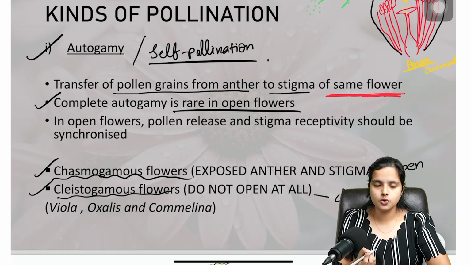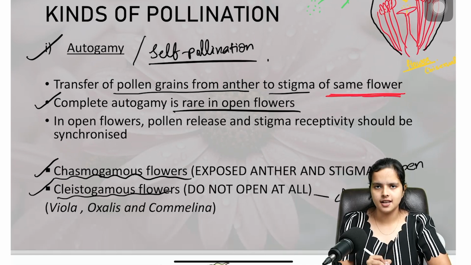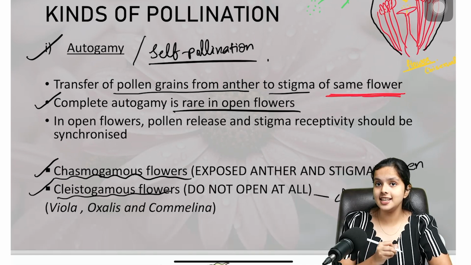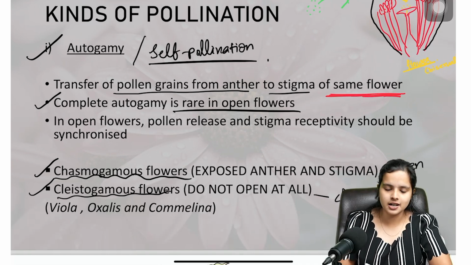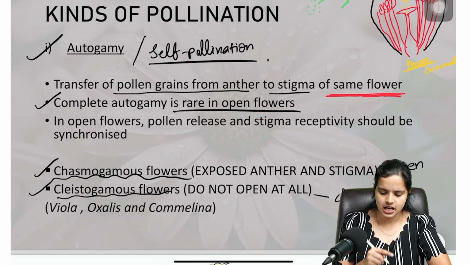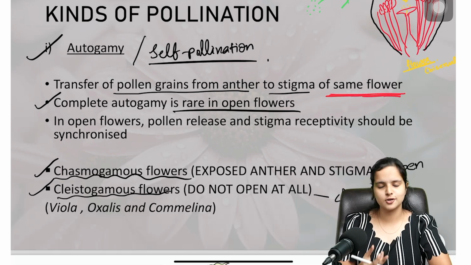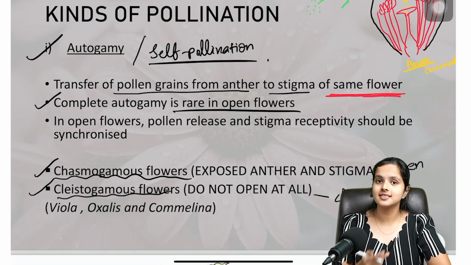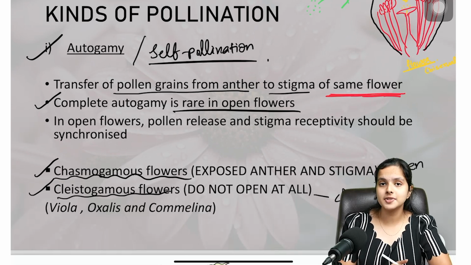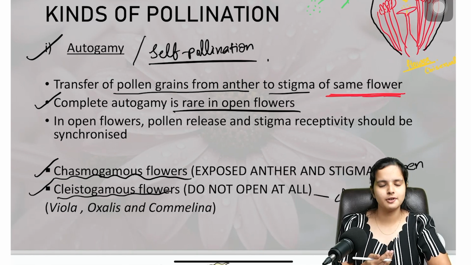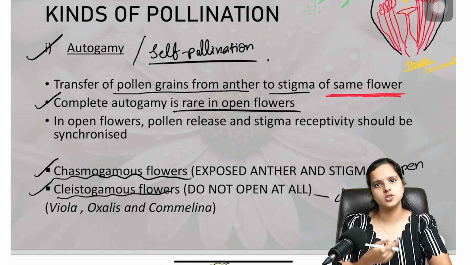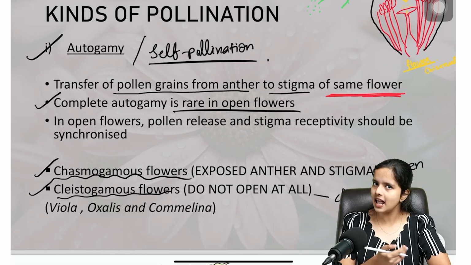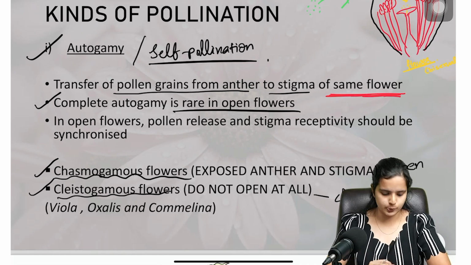Cleisto starts with CL, and closed starts with CL, so you can remember it that way. Cleistogamous flowers are the flowers which do not open at all, and chasmogamous flowers are open, where the stigma and the anthers are totally exposed.